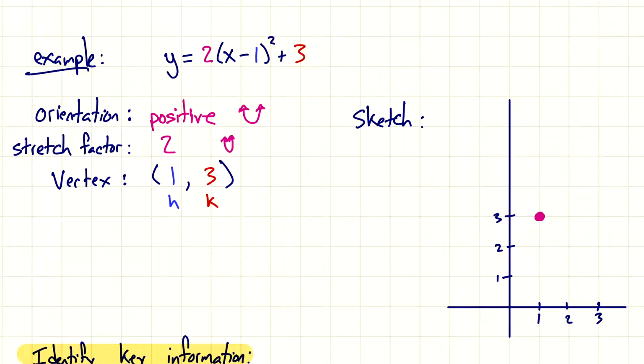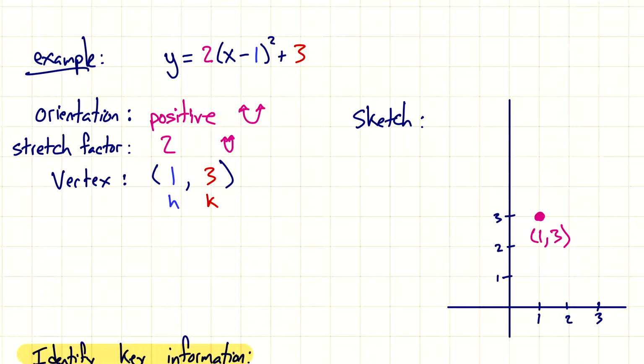This is a positive orientation, so it's going to look like a smiley face. So this vertex is the bottom, right? So this 1, 3 is the bottom of our parabola. And it's going to have a stretch factor of 2, so it should look very skinny. So I think I have a good idea what that should look like.